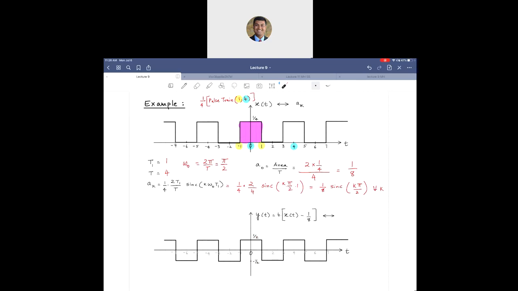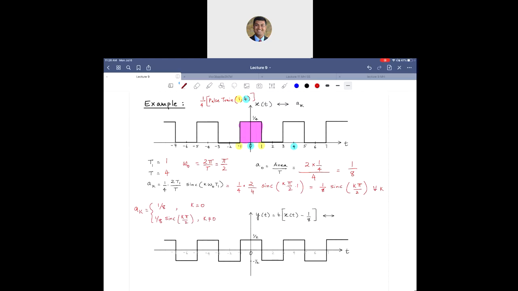So what would be the Fourier series coefficients of this signal? Let's do this a little bit better. I have A sub k as 1 over 8 when k was equal to 0, and I had 1 over 8 sinc k pi over 2 when k was not equal to 0.